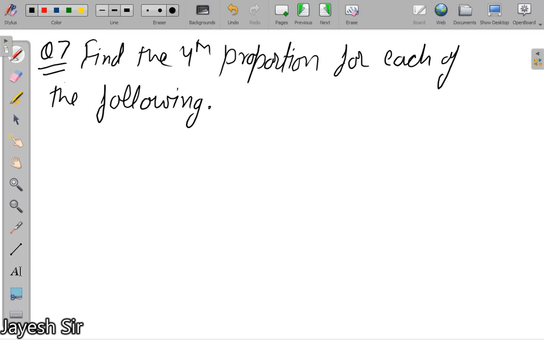Okay, that means for the proportion A, B, C ratio D, D is missing. We have to determine the value of D. So this is just like above question, only instead of x we have to write down D. Okay, we can even write down x, but the position of x is not changing. Like in the previous question, x was changed from places to places, but here the x is the last quantity. Okay, so I am just discussing one example of this question, A part.